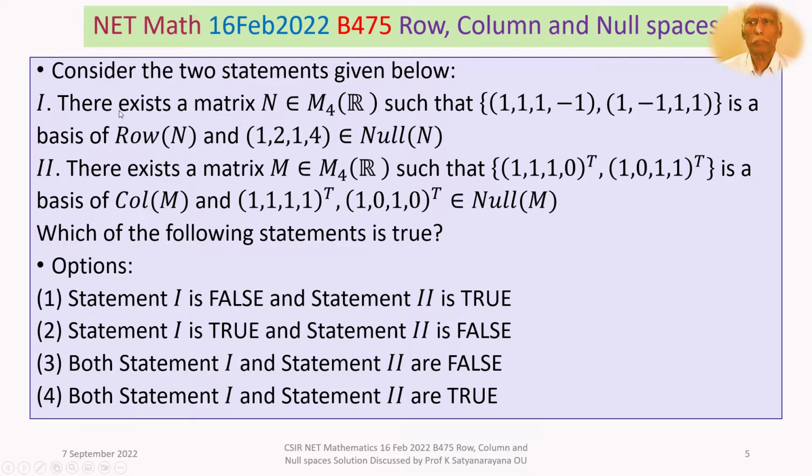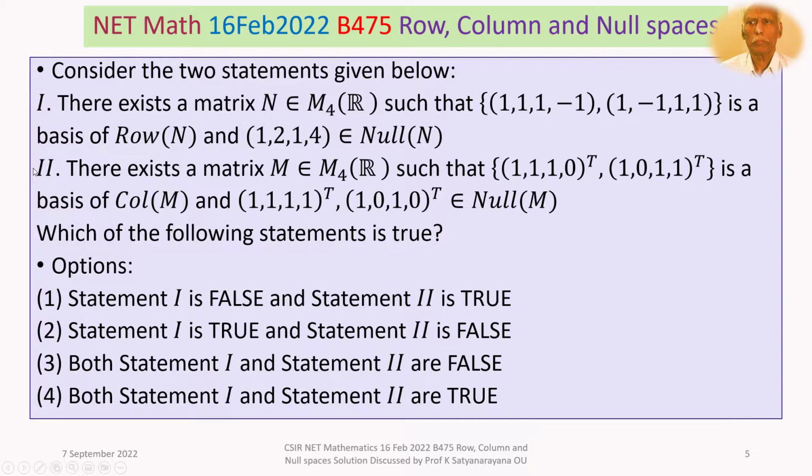The first statement says, there exists a matrix N belongs to M4 over R such that these two row vectors is a basis for the row space of N, and the column vector (1, 2, 1, 4) transpose belongs to the null space of N. Do we have such a matrix N?